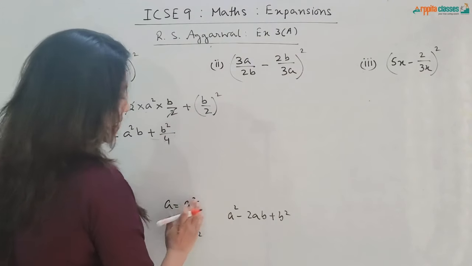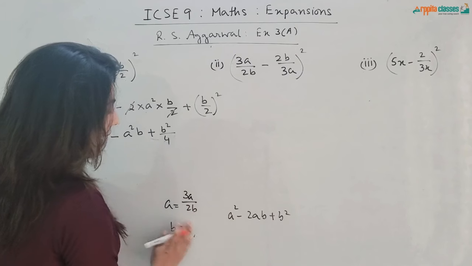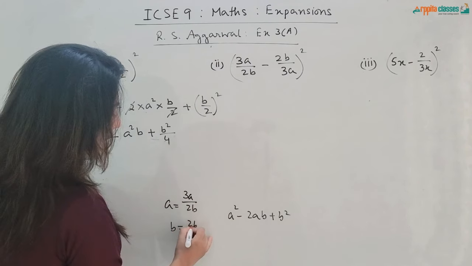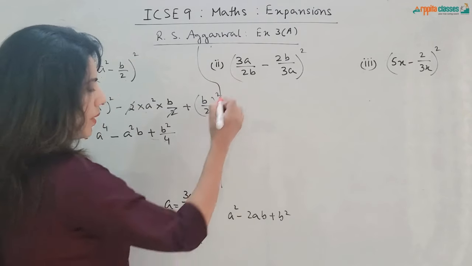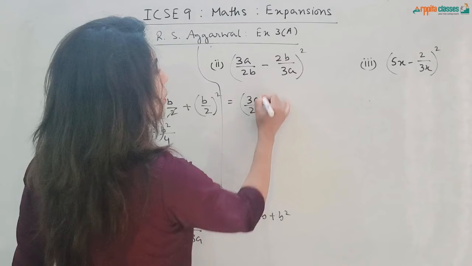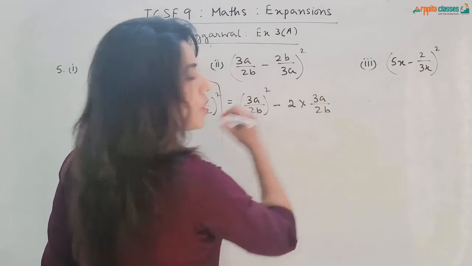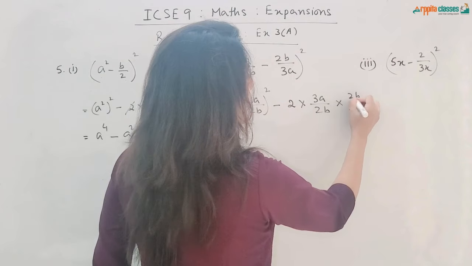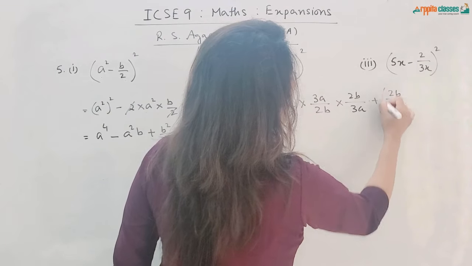Come here, here your a is 3a upon 2b and your b is 2b upon 3a. So you are going to write a square is your 3a upon 2b the whole square minus 2 into a, this is your a, into b, this is your b, plus b square.